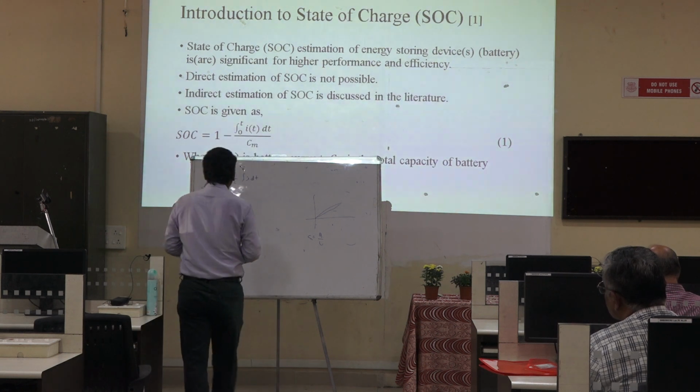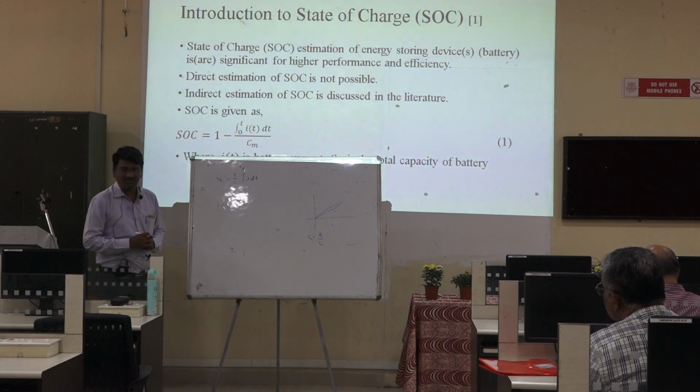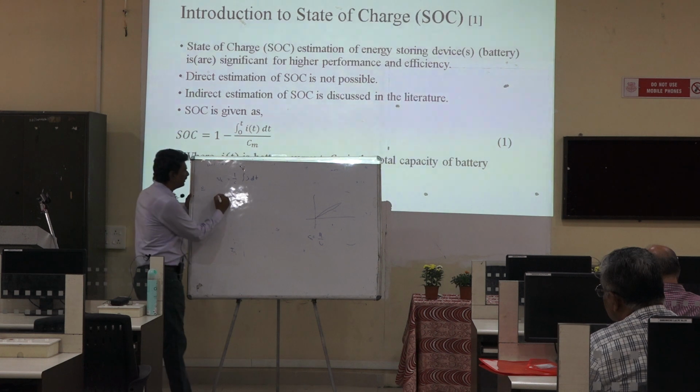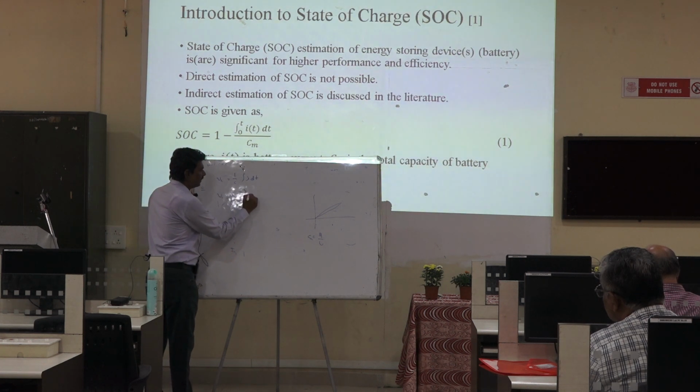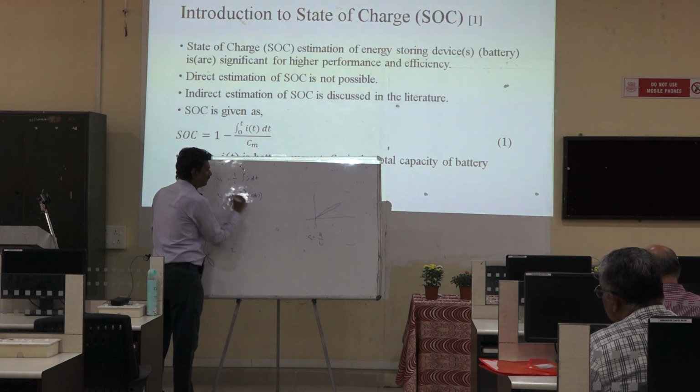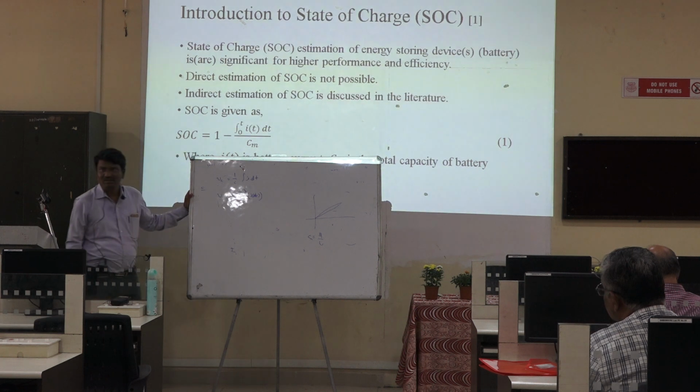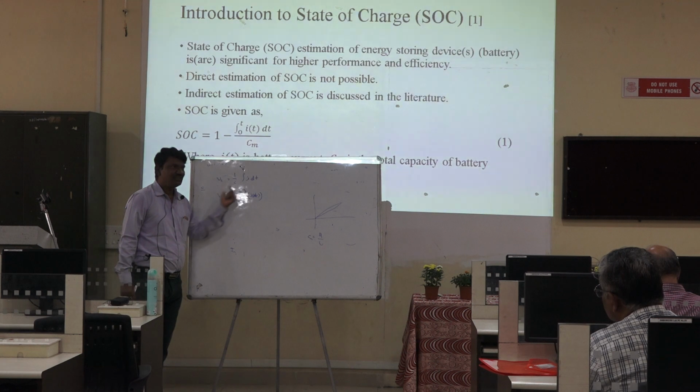Now, if you are going to model using fractional calculus, we can model like this: Dc is nothing but 1 by C d minus lambda I d. So in fractional calculus, we can model the capacitor using this equation also.